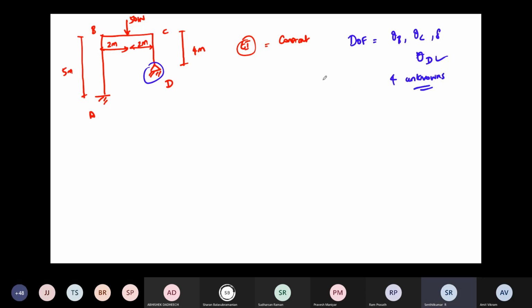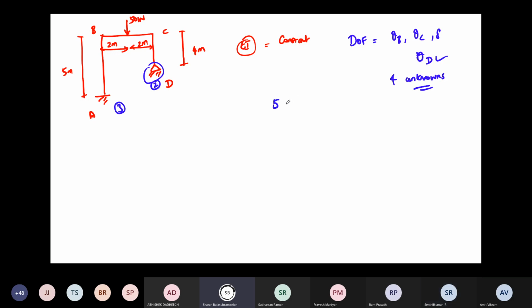Keep it as is. If you are going to use the force method, what is your static indeterminacy? What will be your static indeterminacy for this frame? This is kinematic indeterminacy, degree of freedom. What about static indeterminacy? 5, sir. 3 plus 2, 5.